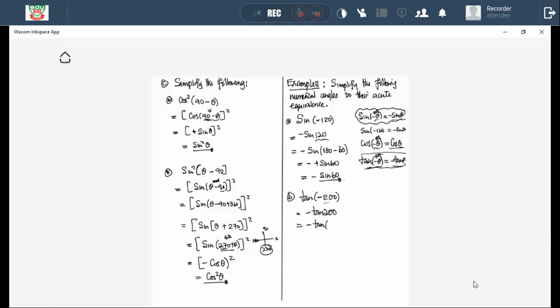What is 200? 200 is an angle in the third quadrant. If it's in the third quadrant, I'm simply going to say 180 plus. Remember, anything in the third quadrant, we say 180 plus theta.